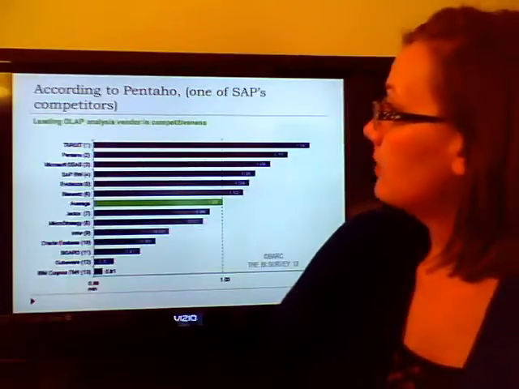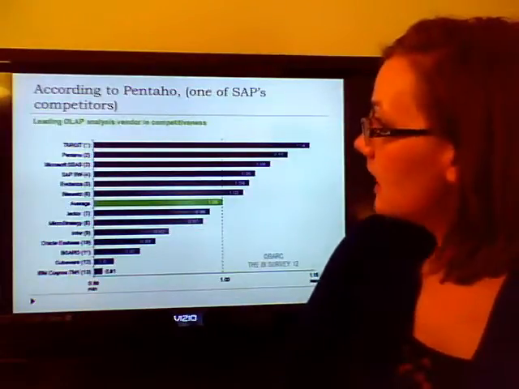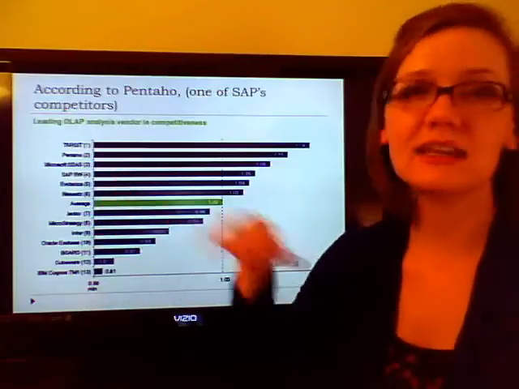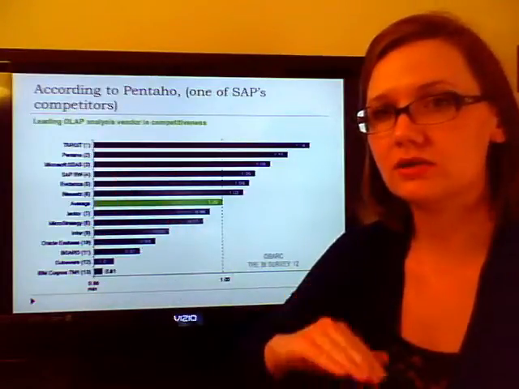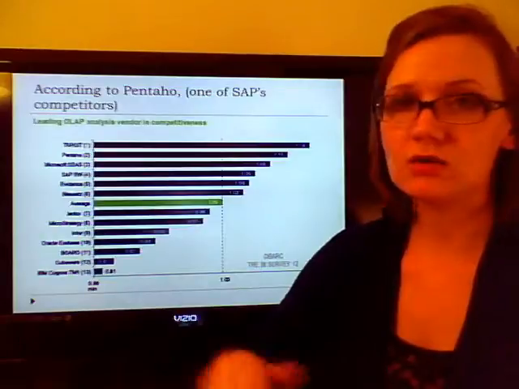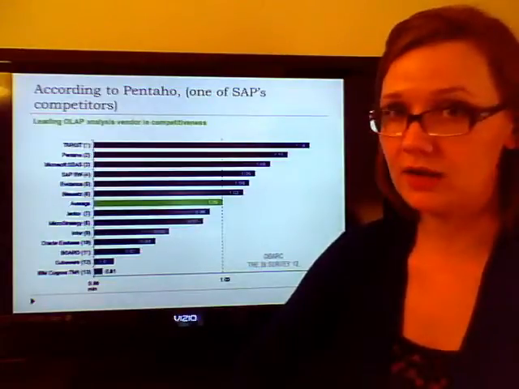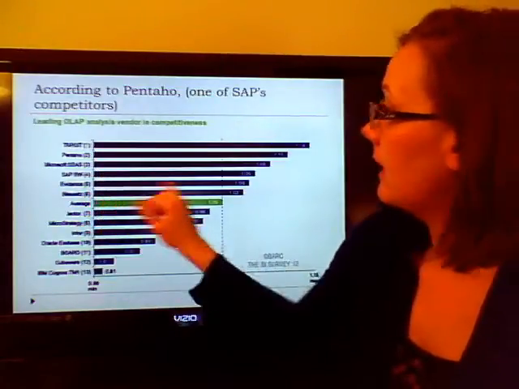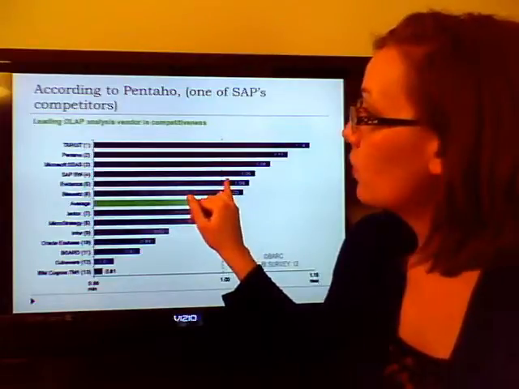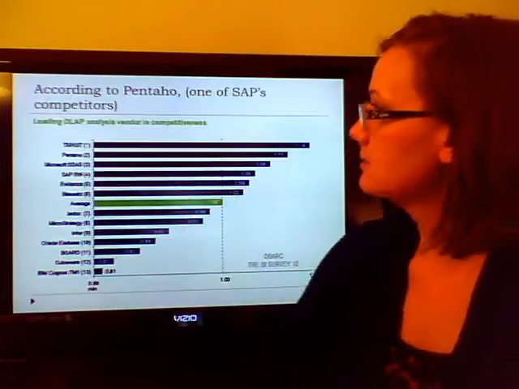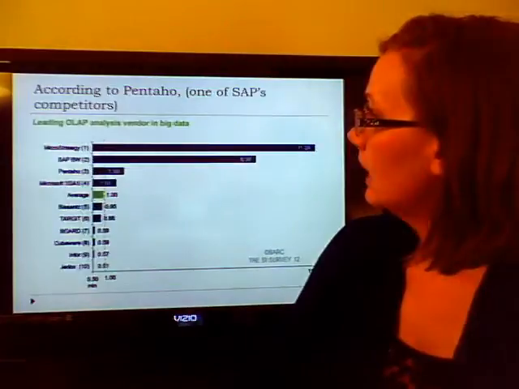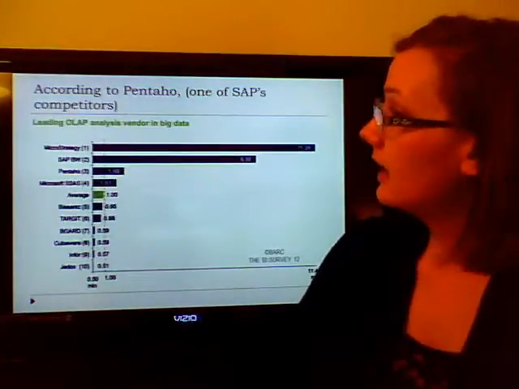Also, the OLAP analysis vendor and competitiveness, SAP is up a lot higher. So you see, it's strange that the customers don't seem to like SAP, but then ultimately it's a huge company, a successful company, and it is high up on the competitor list. So it's fourth as far as competitiveness. And the analysis vendor and big data, it's second.